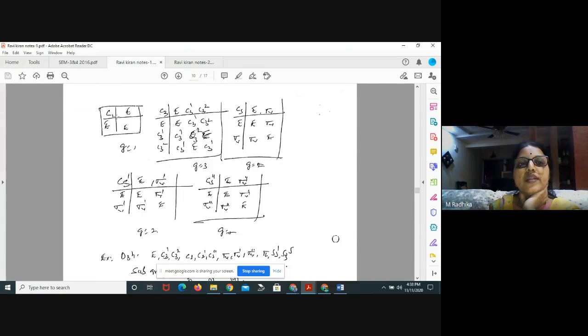Now look at this. For each one they have written the group multiplication table. When each one is a group, you can write the group multiplication table for everything. So the order of this group is 1, order is 3, order is 2, here also 2 and 2.